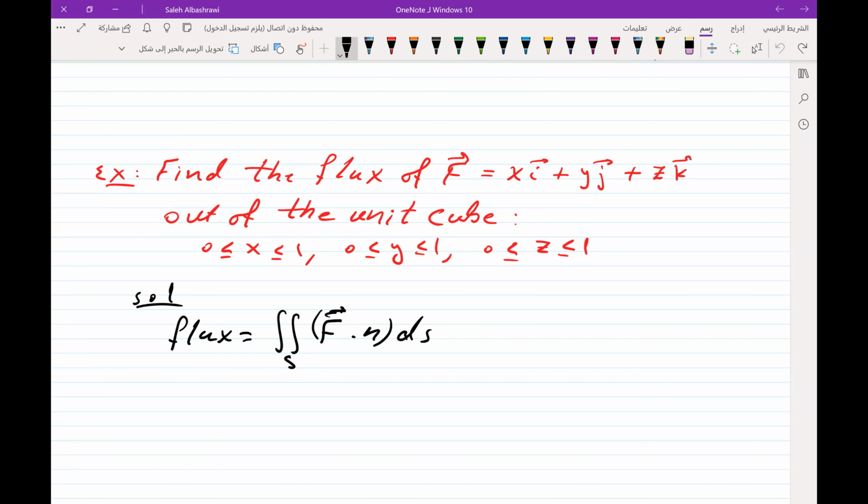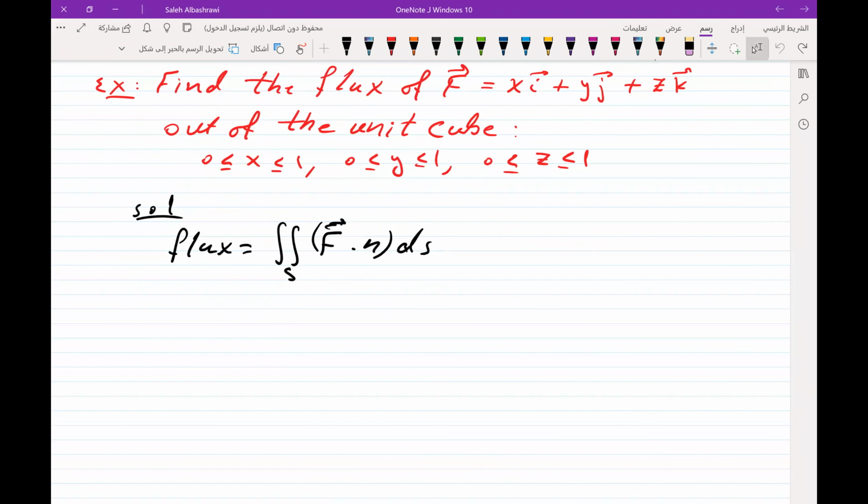Now to find the flux out of the unit cube, we have to find the flux going out of every face.